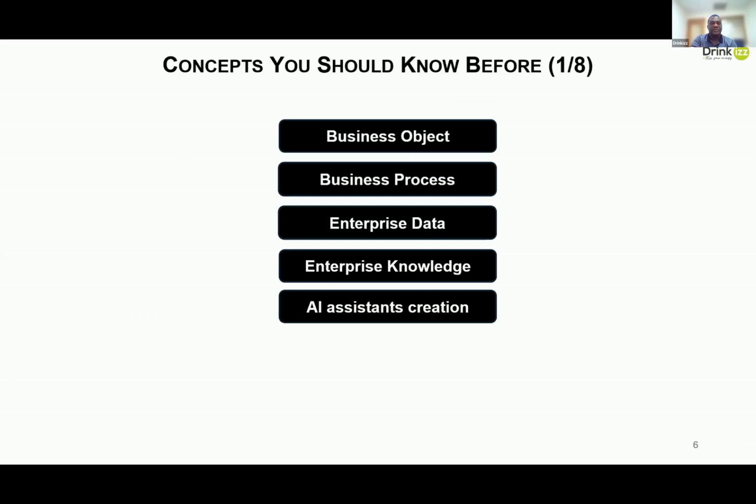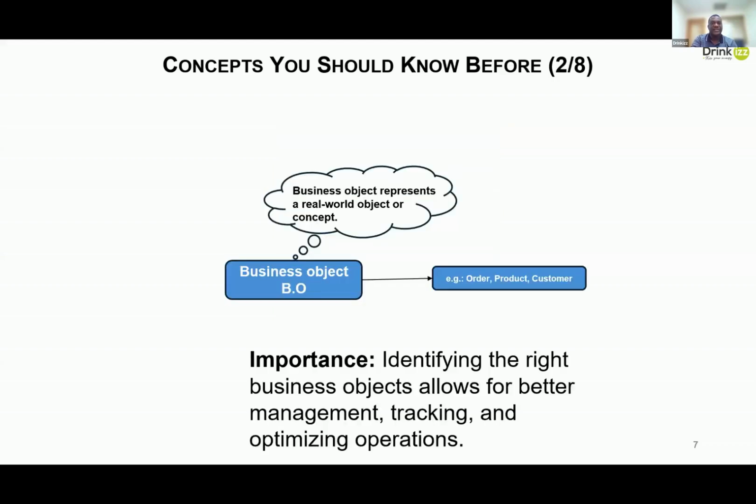So now, before we dive into the technical side, we need to make sure about some key concepts to know. There are a few key concepts you should be familiar with. They are business object, business process, enterprise data, enterprise knowledge, AI assistant creation. So now let's see first business object.